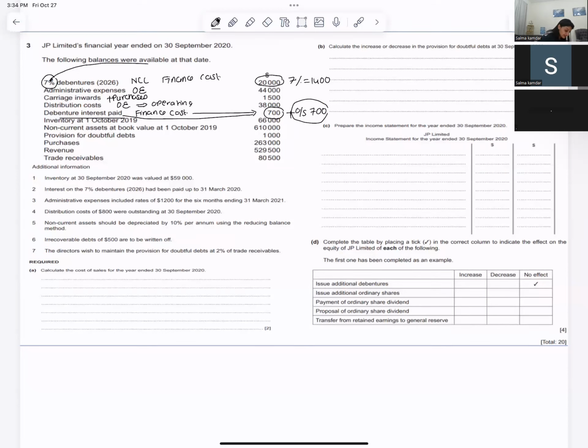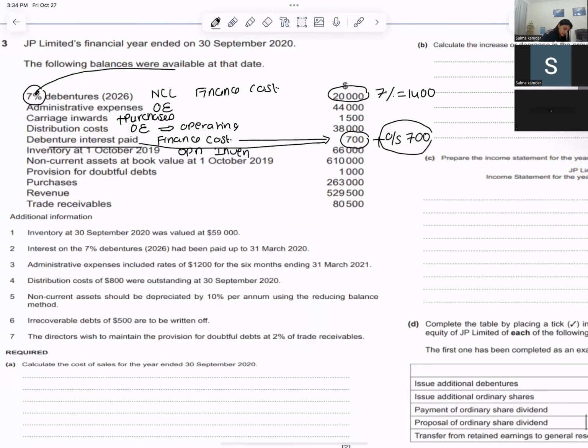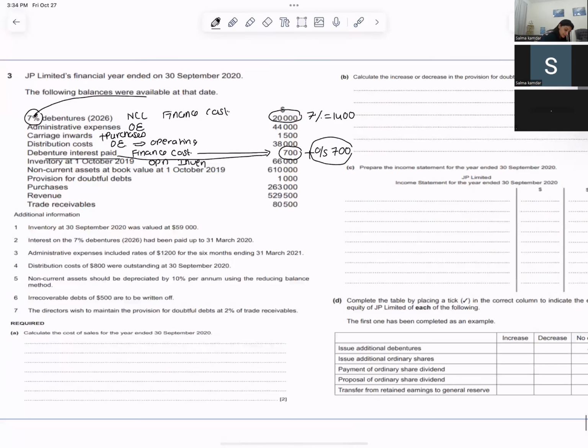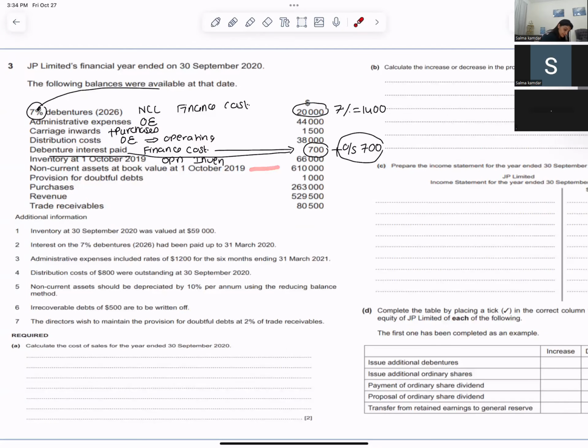This is your opening inventory. Non-current assets at book value. Provision for doubtful debts goes in the statement of financial position.